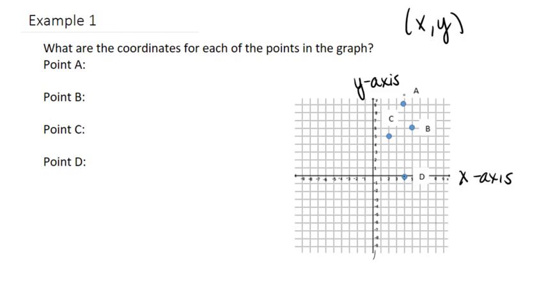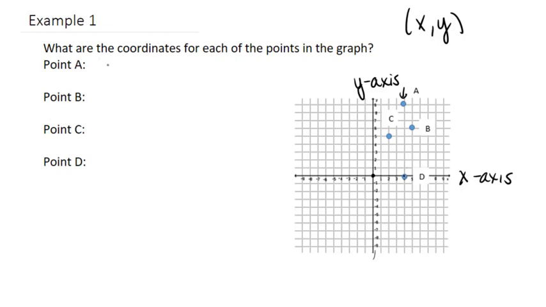We start at the origin, and when we move to the right, it's positive, and when we move to the left, it's negative. So we move to the right to get to point A. So we have 1, 2, 3, 4. So it's on the x-axis, it's at the 4th number. So we'll write 4 here.